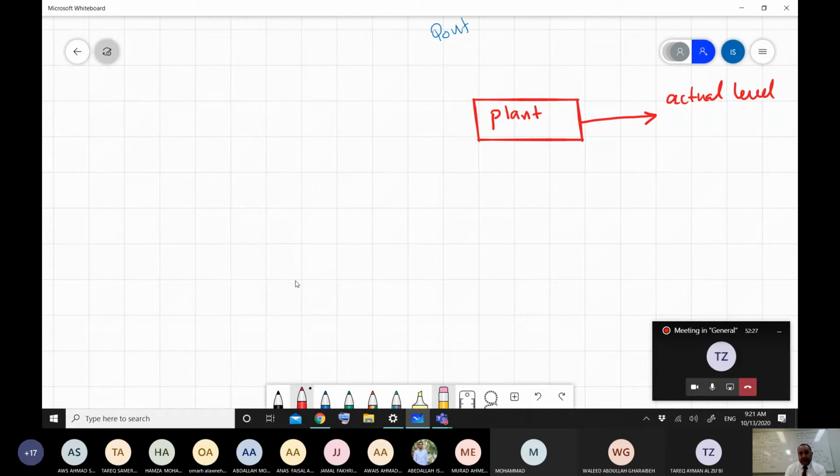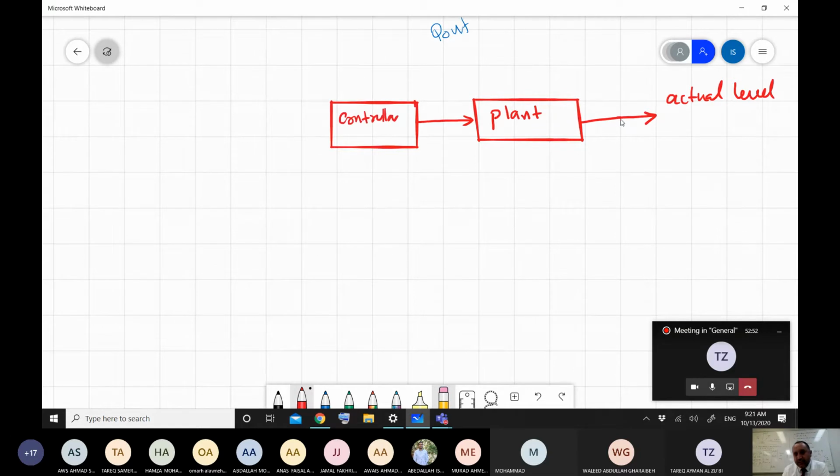Now, here I'm having the controller. And remember, the controller is a mechanism to tell the actuator what to do. This is the controller.